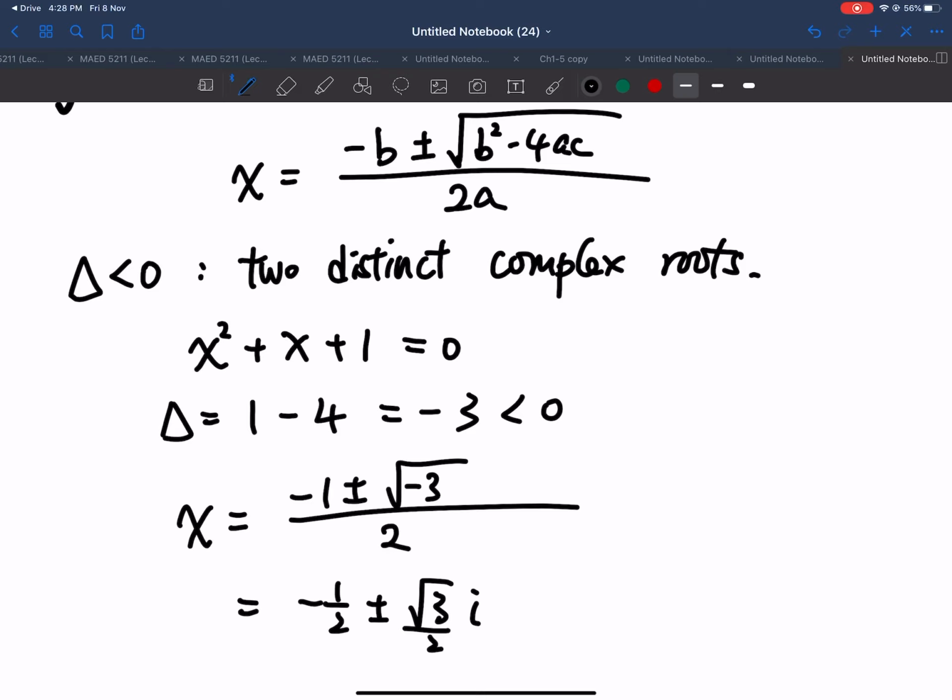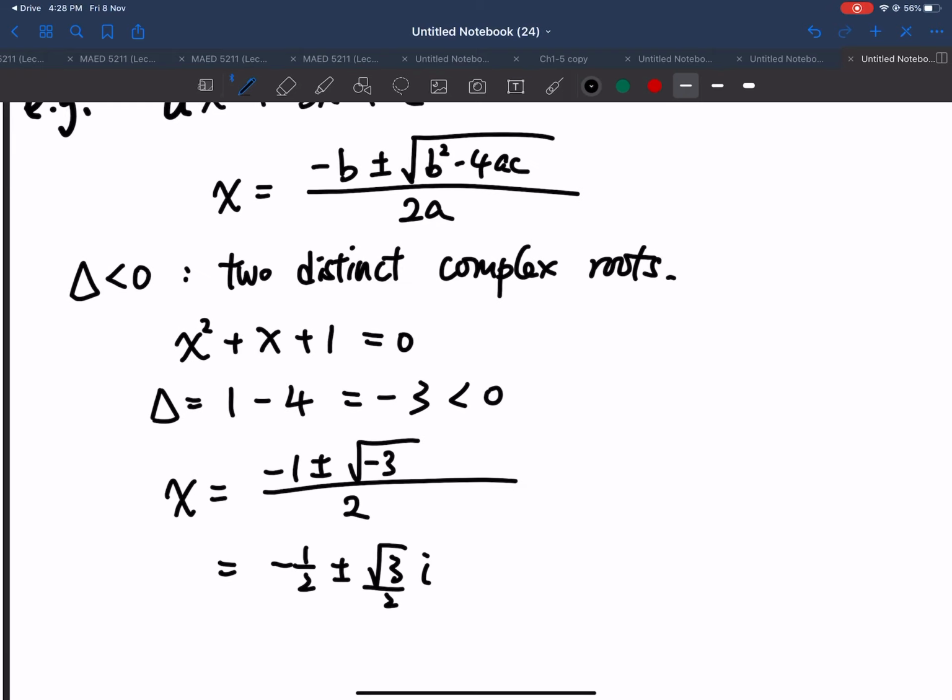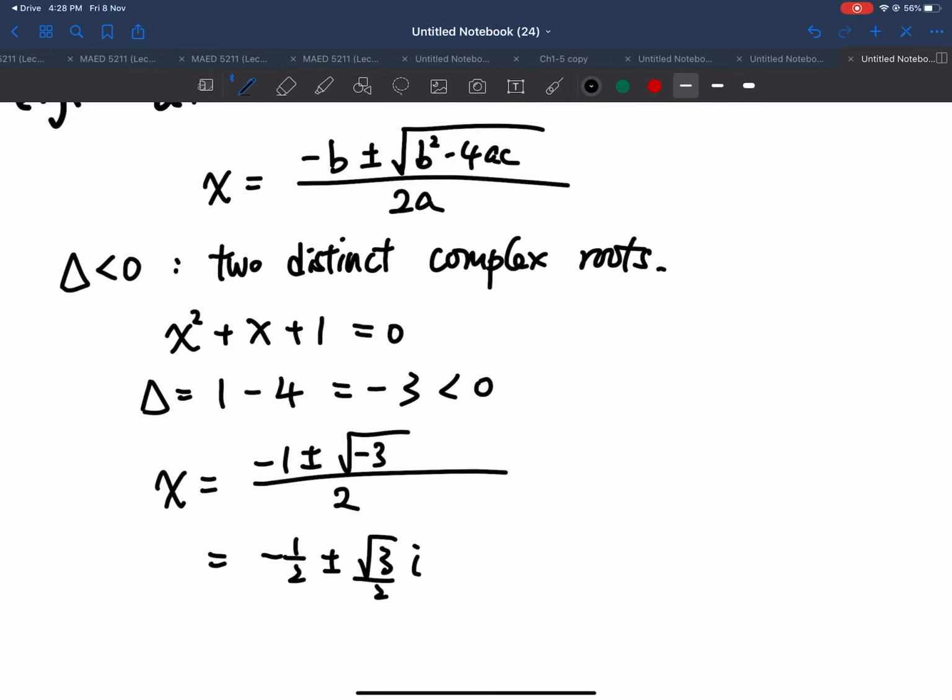Find the complex roots. So you check the discriminant and then you find out it's smaller than zero. And then you use the quadratic formula, and then you can find the roots. And what's the point of the discriminant? It's because it's complex numbers. I'll just let you know the discriminant is smaller than 0.